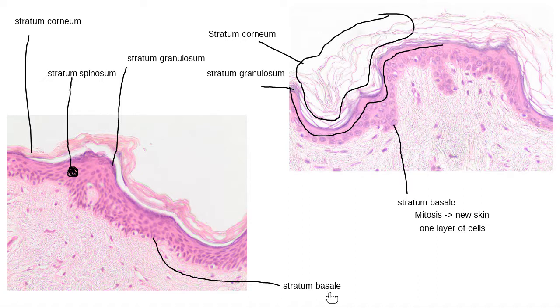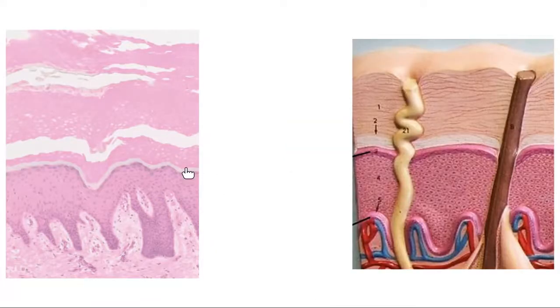Thin skin only has those 4. When we talk about thick skin, then add in that extra layer that you can see right here. This extra layer being stratum lucidum. I only see that in thick skin.